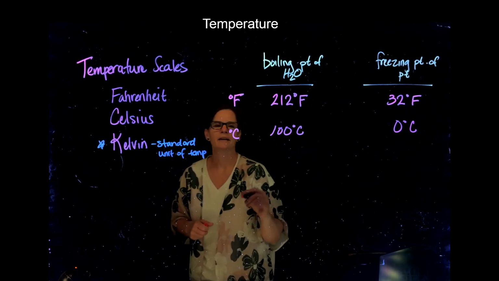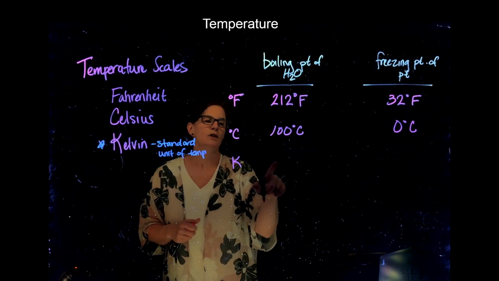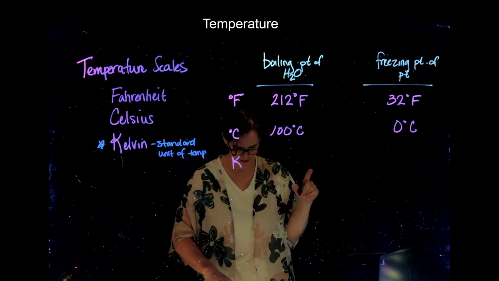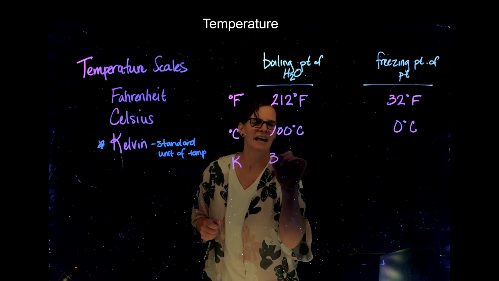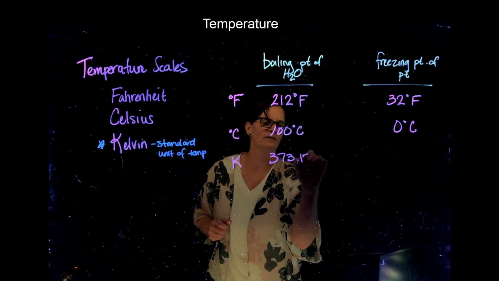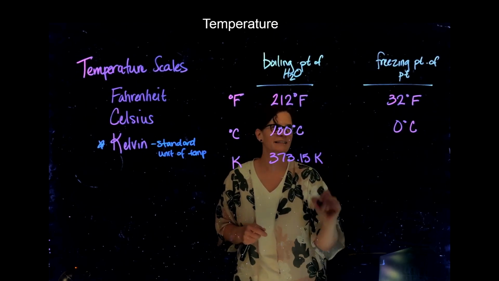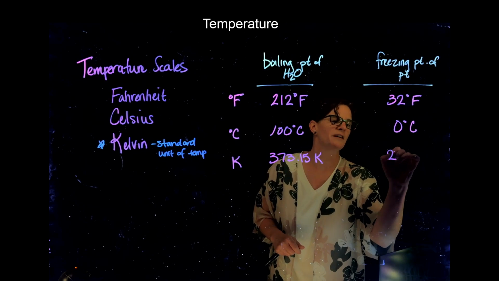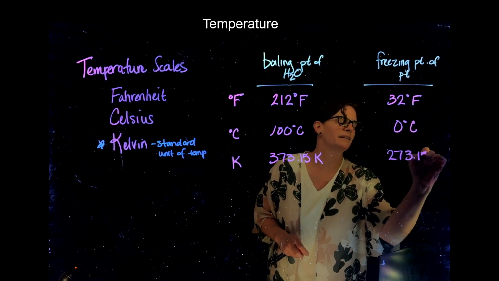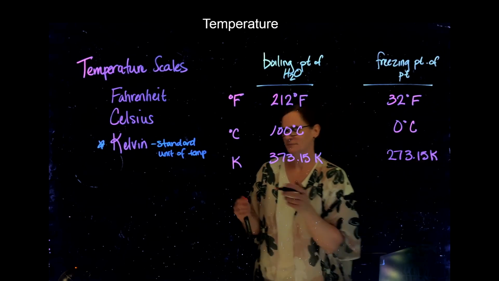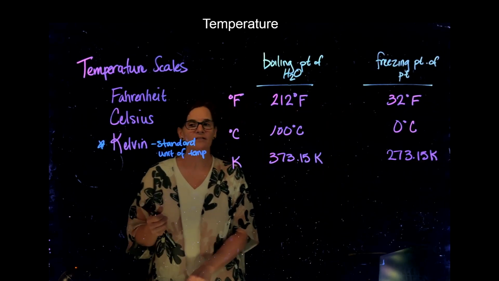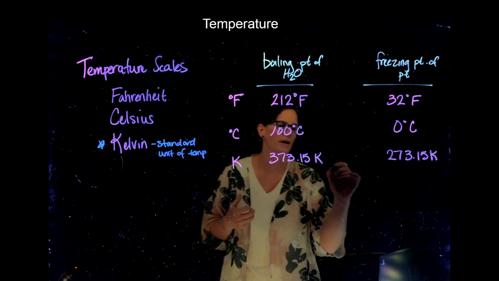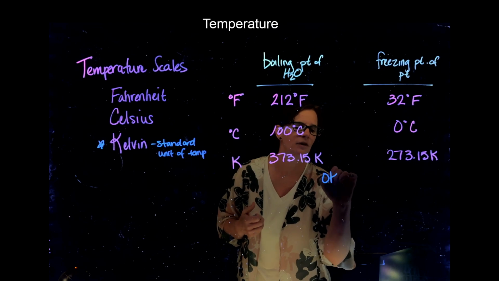And for our Kelvin scale, the boiling point of water is 373.15 K. And the freezing point of water is 273.15 Kelvin.